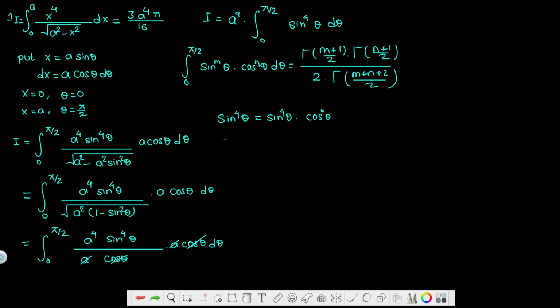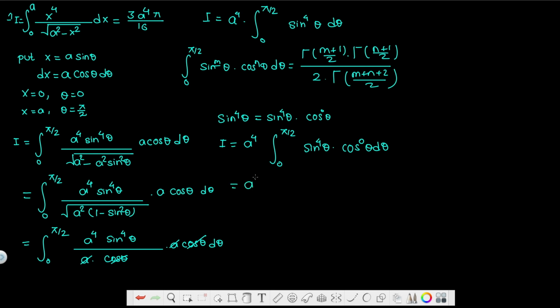So we can write I equals a^4 integral 0 to pi/2 of sin^4 theta times cos^0 theta d theta. So we got m equals 4 and n equals 0. Now we can plug these values into this formula and evaluate the integral.